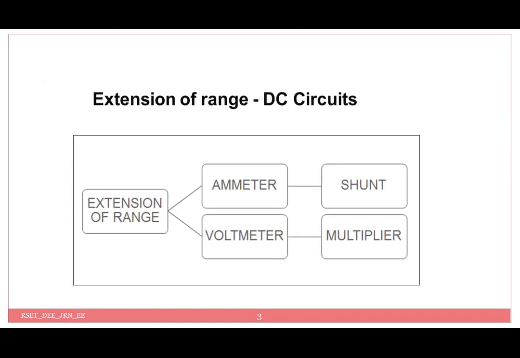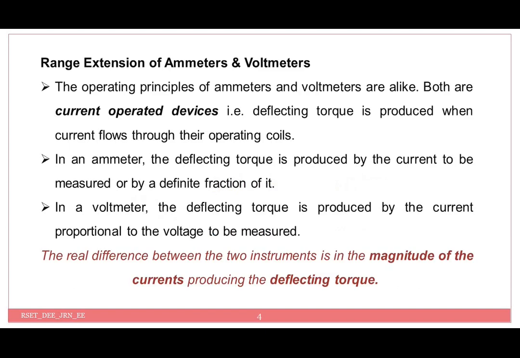Now, extension of range for DC circuits. For ammeters we will be using the shunts, and for voltmeters you will be using the multipliers.